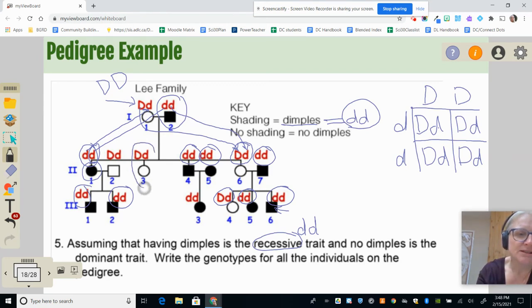How do we know this offspring here could not have had 2 dominant alleles? Well, one of their alleles had to come from dad. Dad has dimples, so he can only pass on a little d. But this individual does not have dimples, so they have to have the dominant no dimple gene as well. So they have to be heterozygous.